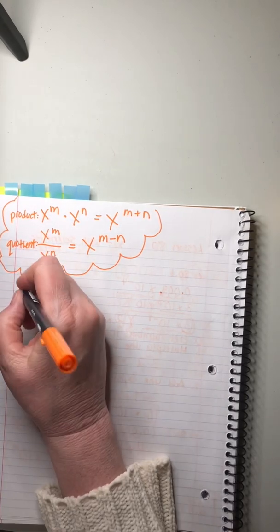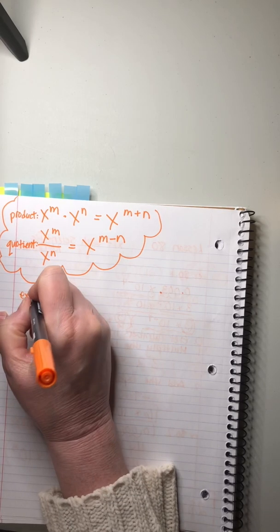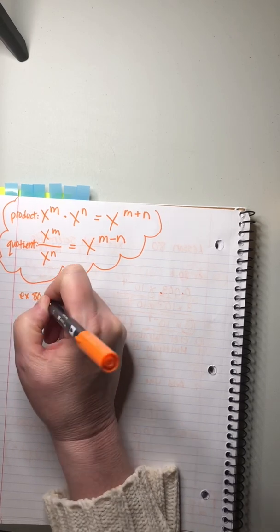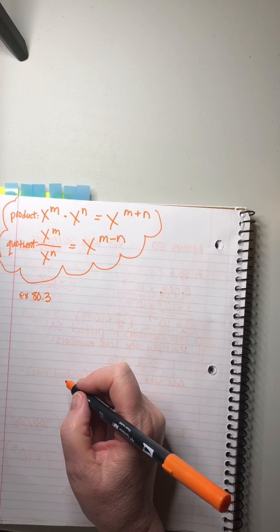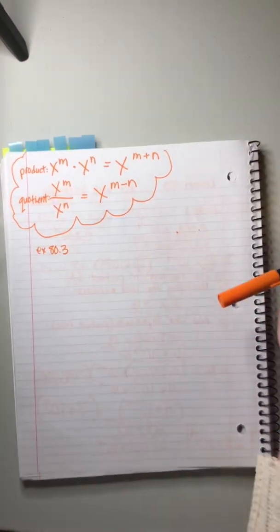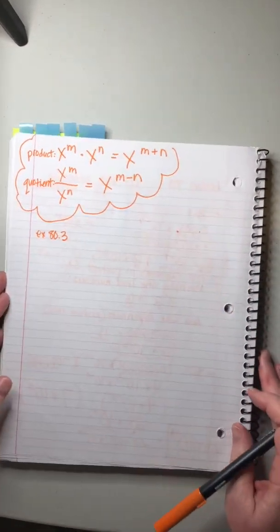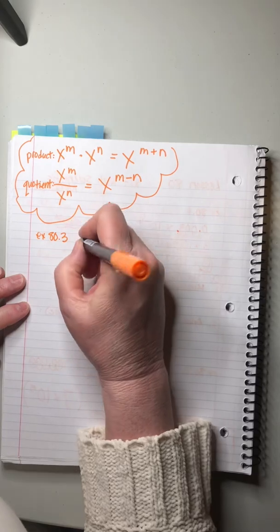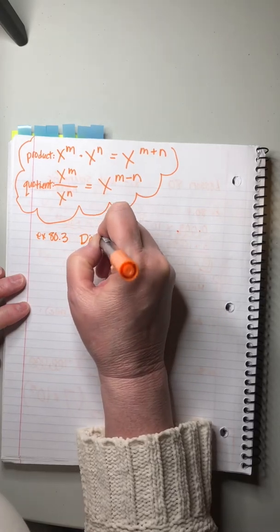All right, 80.3. Divide 0.0016 by 400,000. My book feels crooked to me. This is what the instructions say.